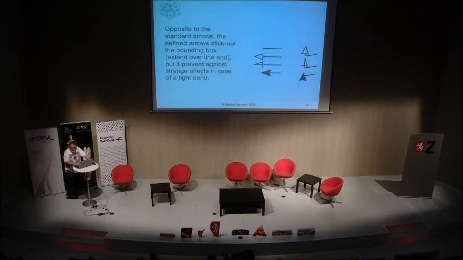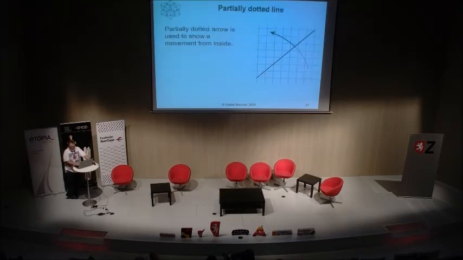Another thing is a partially dotted line. When we would like to show a move from inside, we need a nice curved arrow, but part of it dotted and part of it solid. How to obtain it?